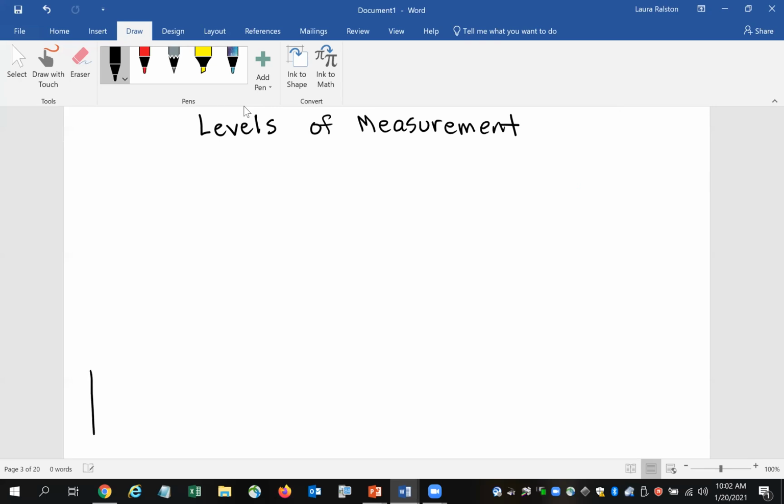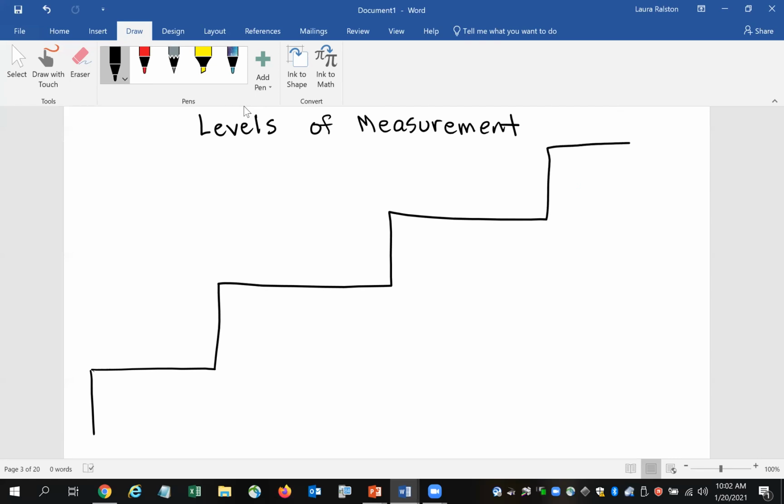Again, I want you to think about it as a set of steps. And my lines are a little crooked. The 4 levels are nominal, ordinal, interval, and ratio.